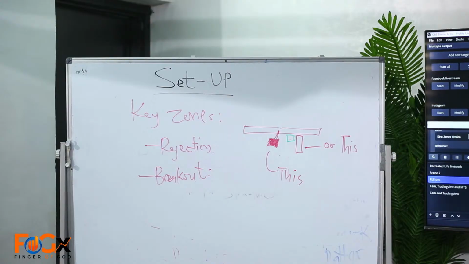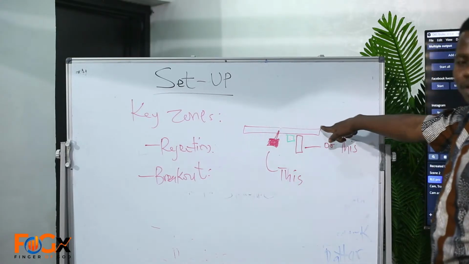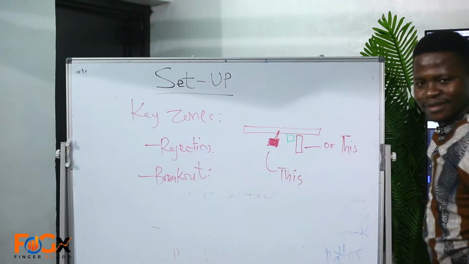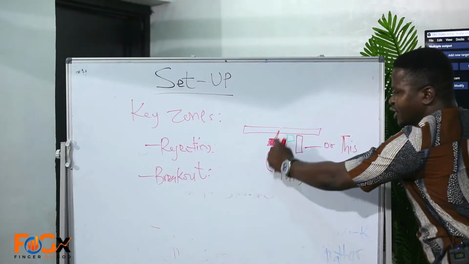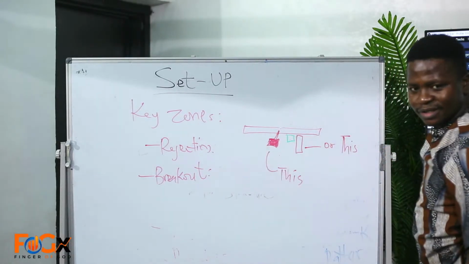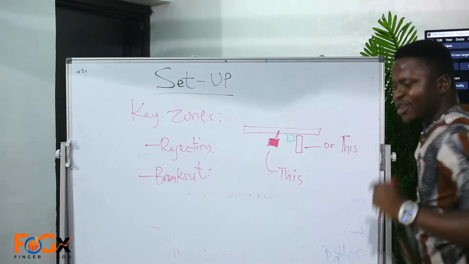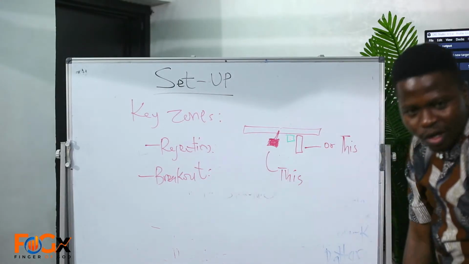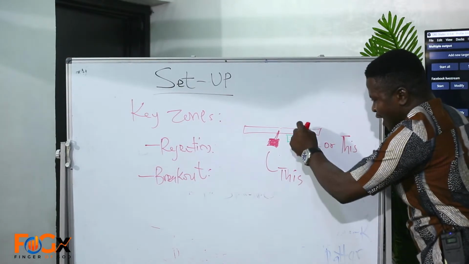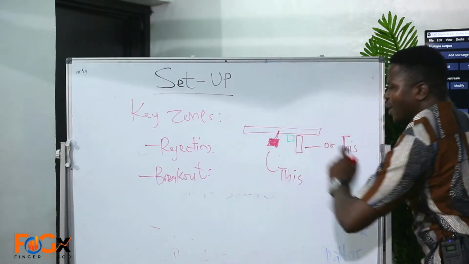Do we understand what I just put on the board? These are candlesticks. This is the key zone, the key area. Once price gets there, it will reject by forming a wick and then a body. Then you will see that red candlestick telling you that I'm about to take off down. Or it hangs there green and then the red candlestick will come and overshadow it.